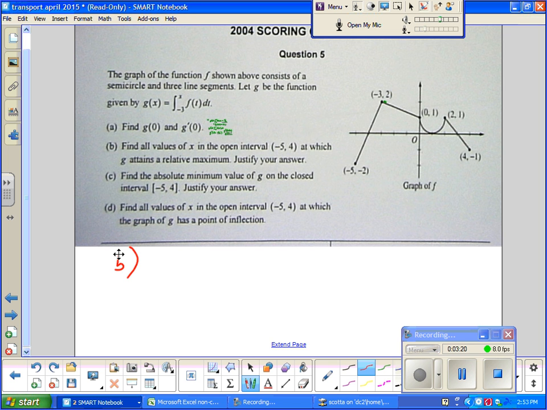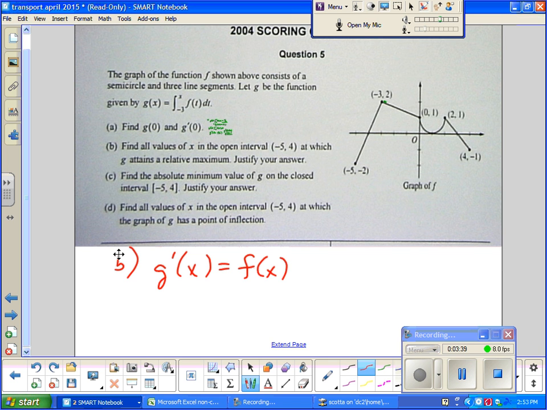Let's say that again. A max is going to occur when g prime goes positive to negative. First derivative rule. And from the previous problem, we know that g prime of x is equal to f of x. You guys agree?